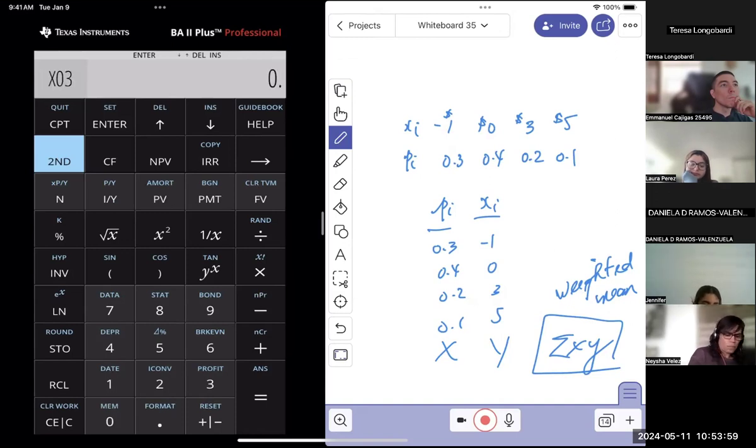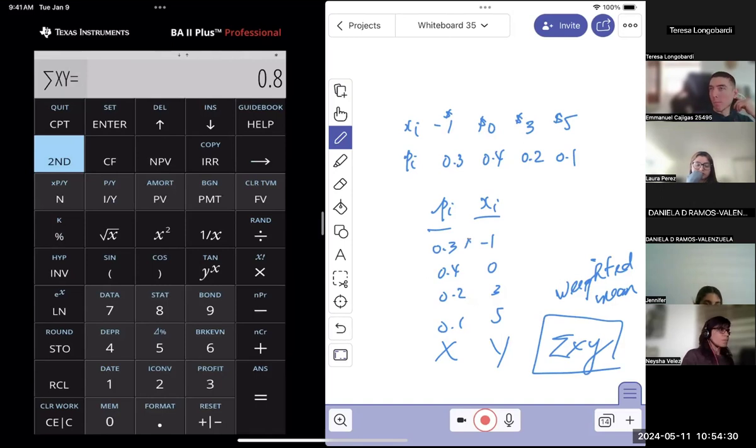And then the next pair is 0.2, enter down for X, and 3, enter down for Y, and 0.1 for X, and then 5 for Y. Then I ask for the statistics and I scroll up and that's the answer. So it does it for me in the calculator very easily.